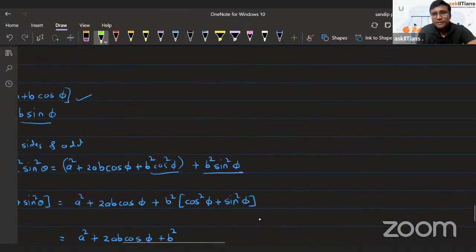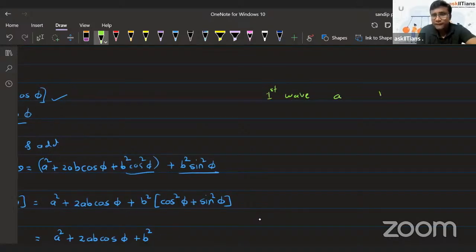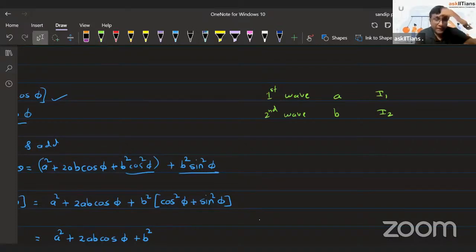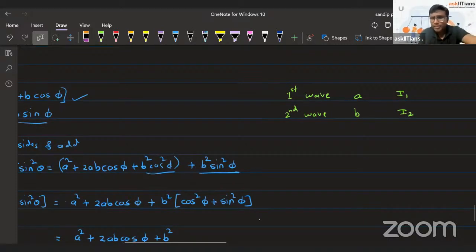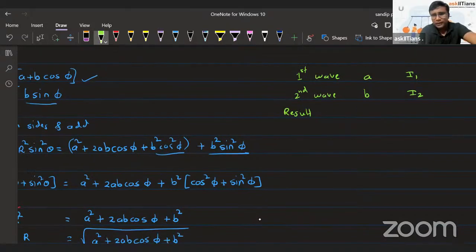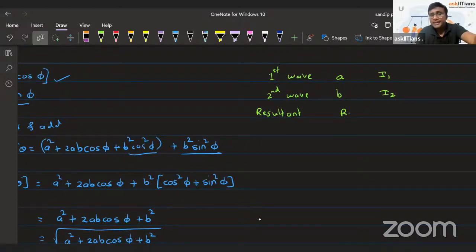Similarly, if I say the first wave, amplitude is A, and the intensity, let's say I1. For the second wave, amplitude is B, intensity is I2. And the combination, the resultant, is R, and let's say the intensity is I. So what we got?